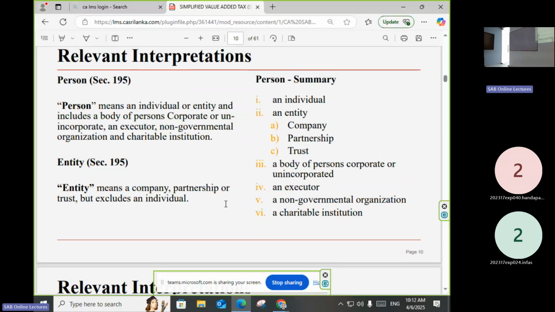They are not bothered about that. A family business is a business, so it could come as a sole proprietorship, partnership or company.